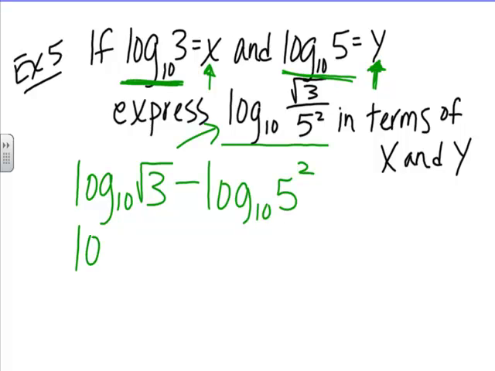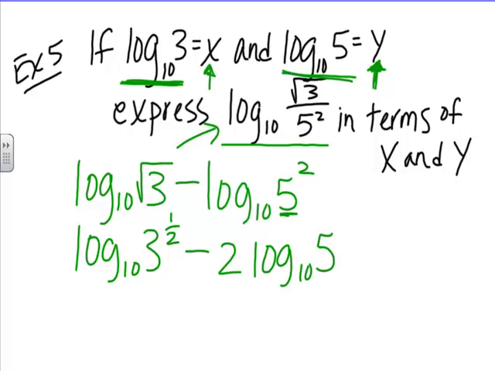So I'm going to drop down here, and I'm going to say, well, wait a minute. The square root of 3 really is the same as 3 to the half. And I'm going to come over here and say, well, wait a minute. If I have 5 squared, that really is the same as 2 times the log base 10 of 5.